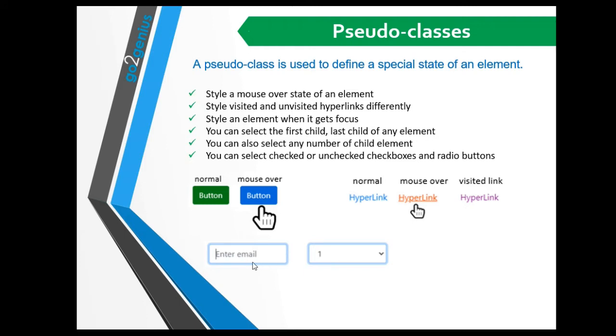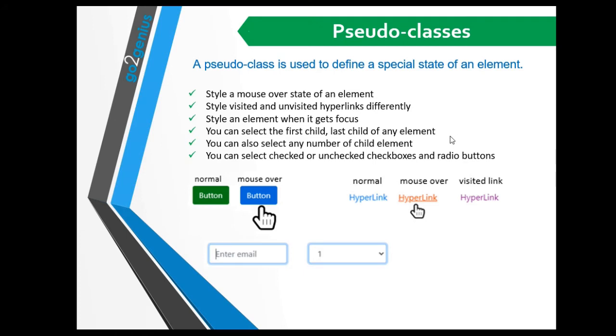Focus is the special state for this input and select drop down field. So we can change this border color, or give something else, and you can also select the first child and last child of any element.